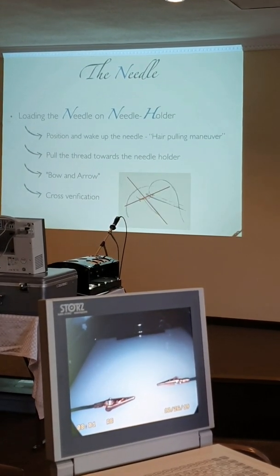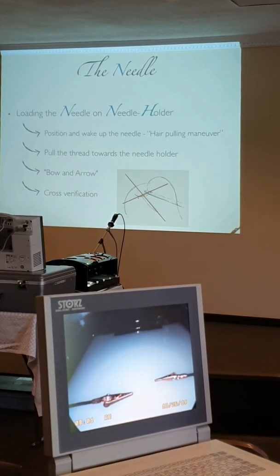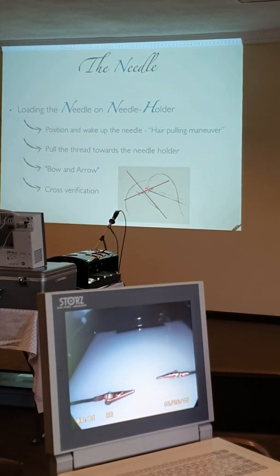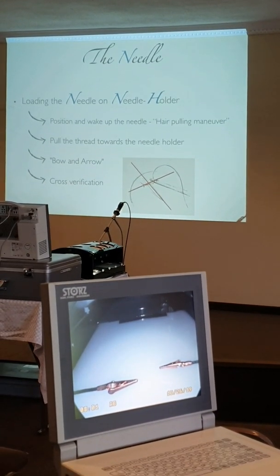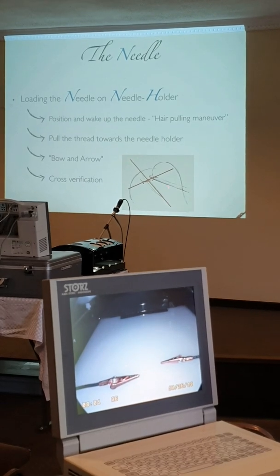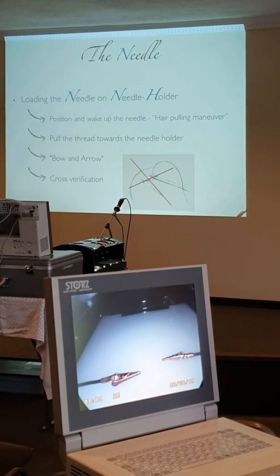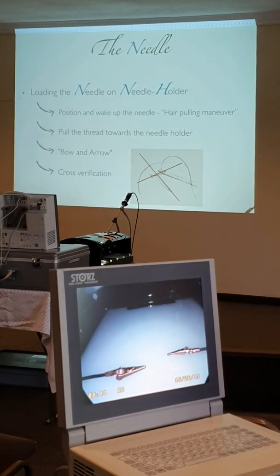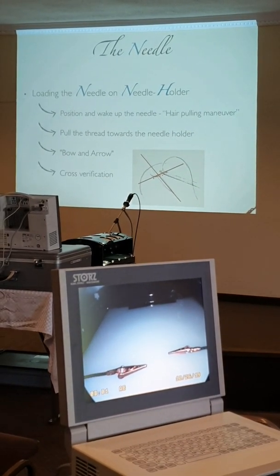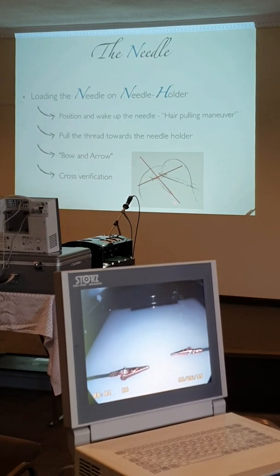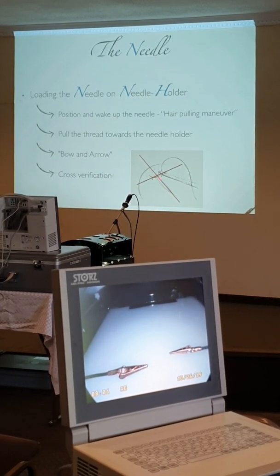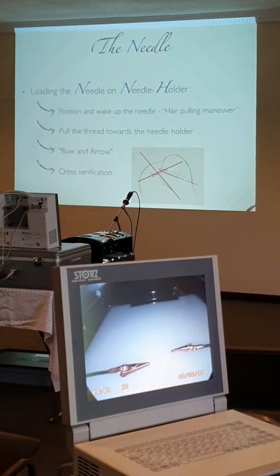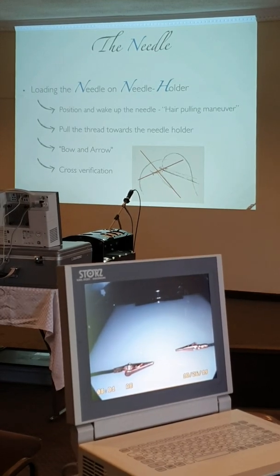And the last one is the cross verification. When you have the needle in the perfect position in the needle roller, you go up to the wall, put your needle, and look at the cross verification. Here is the F-axis, here is the T-axis. You remember?